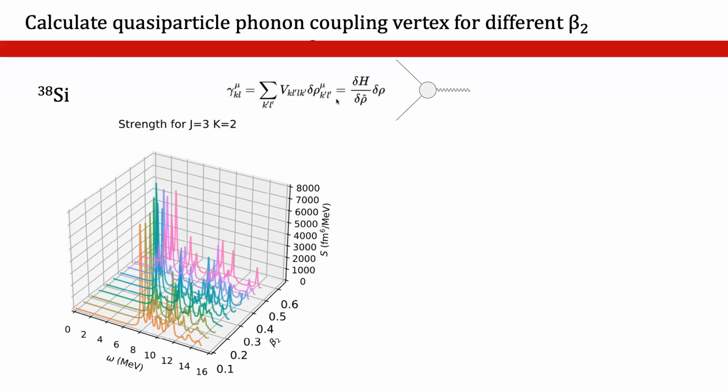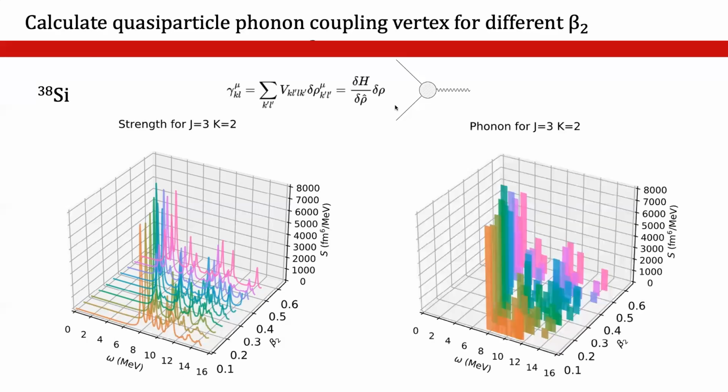And in the FAM, we do the numerical derivation on the Hamiltonian and get the effective two-body interaction times the transition density.